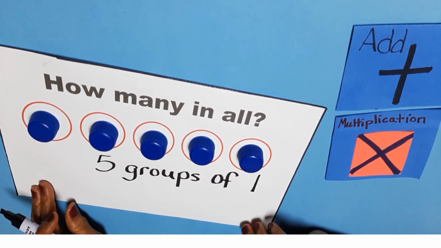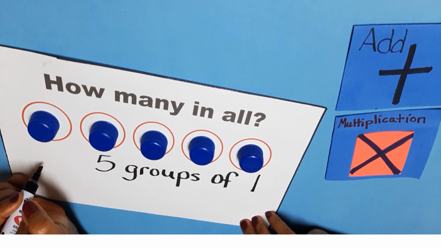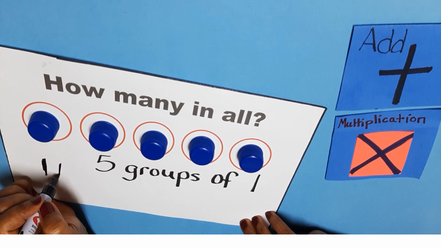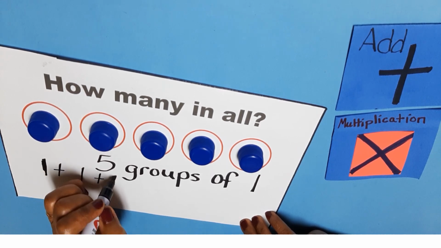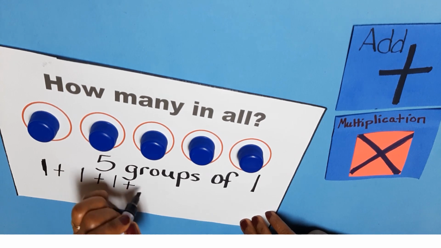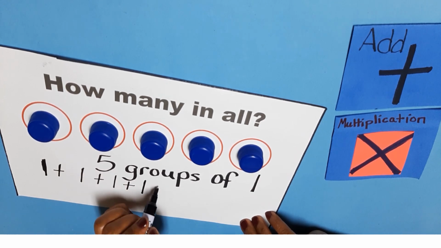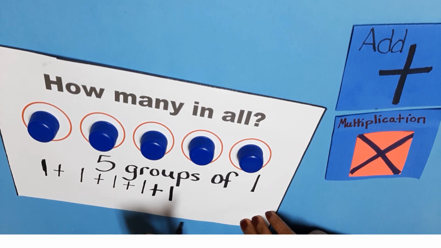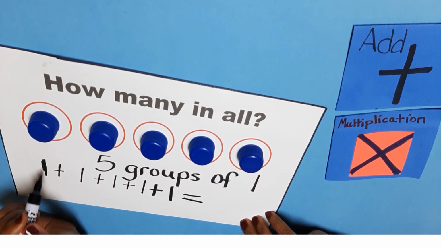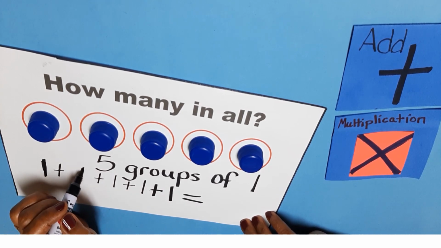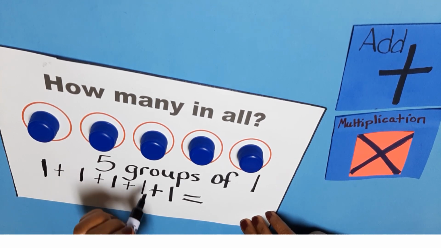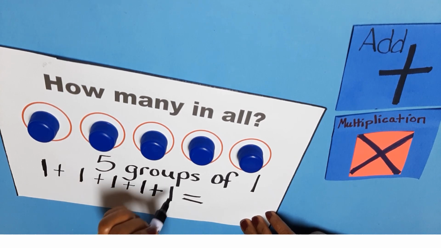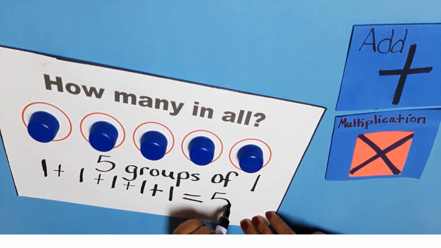So another way we can also write this, we can say 1 plus 1 plus 1 plus 1 plus 1 will be equals to, let's count it, 1 plus 1 is 2, 2 plus 1 is 3, 3 plus 1 is 4, 4 plus 1 will give us 5.